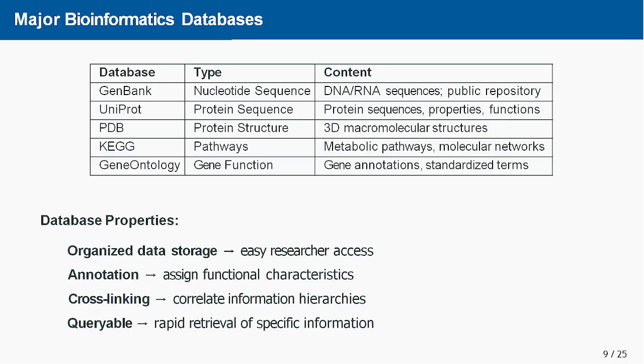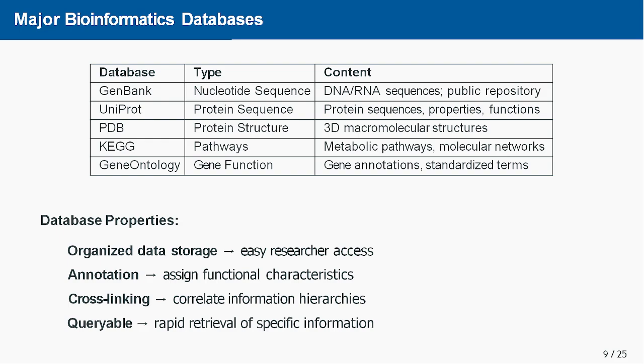Then database properties. Why? Because of organized data storage and easy researcher access, because researchers are trying to combine or synthesize different types of proteins and their involvement in diseases. Annotation, cross-linking, queryable. So these are some of the database properties.